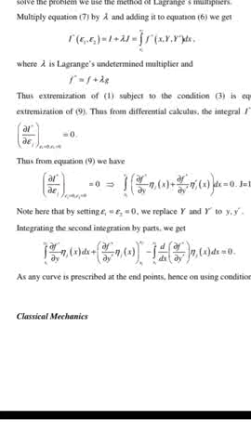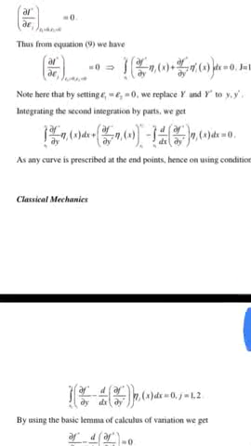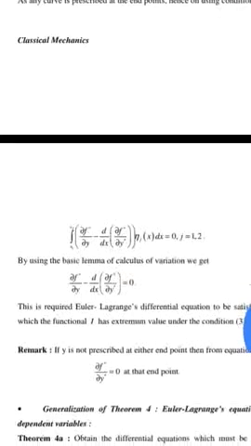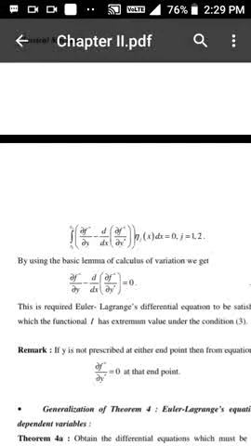Integrate the second term by parts, and in this way the integral from x1 to x2 of del f star by del y minus d by dx of del f star by del y dash, times eta j of x dx is equal to 0, by the basic lemma of calculus of variations.